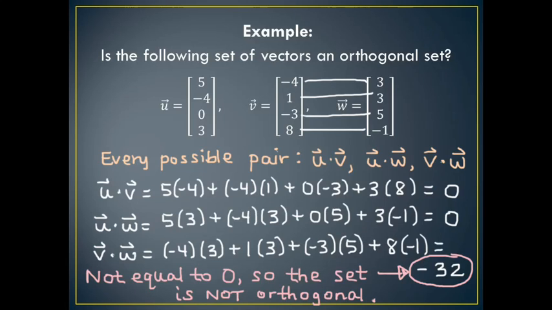Since this is not equal to 0, the set is not orthogonal. So even though u was orthogonal to both v and w, because v and w were not orthogonal to each other, the set is not orthogonal. Every single dot product has to be 0 in order for the set to be orthogonal.